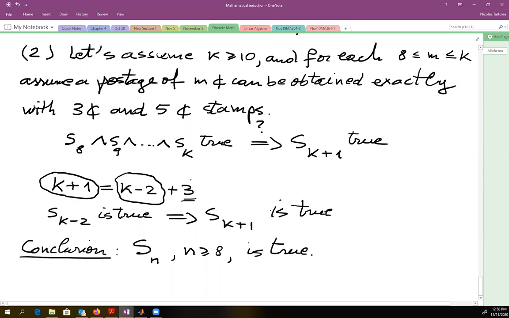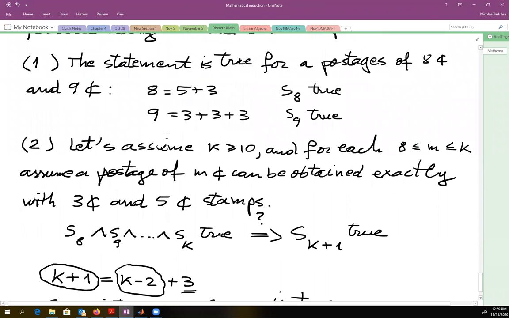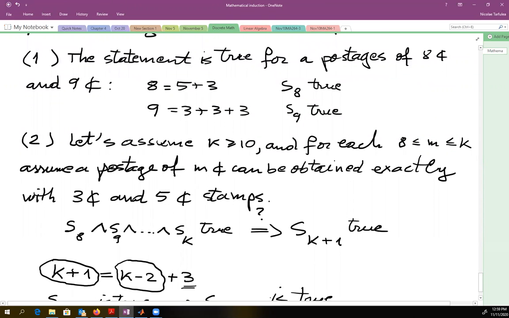Now, look what happened here. Why is verifying just the postage of 8 cents not enough? Because if you assume this is the basis step, 8 equals 5 plus 3, that's fine. And you don't verify for a postage of 9 cents.